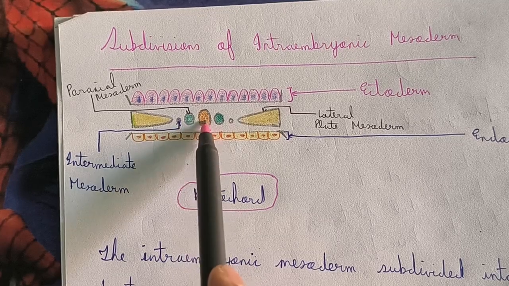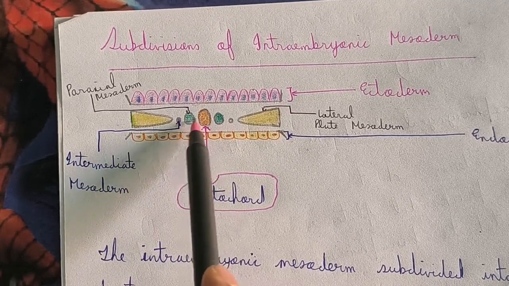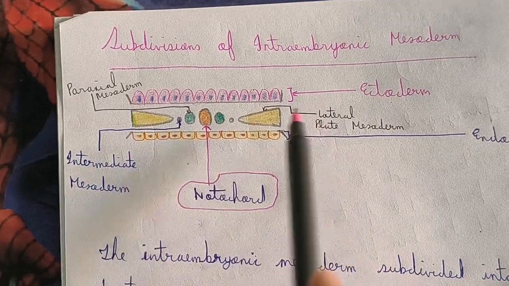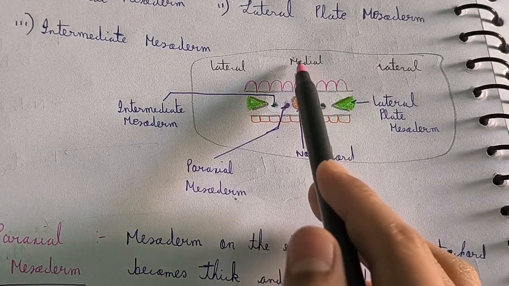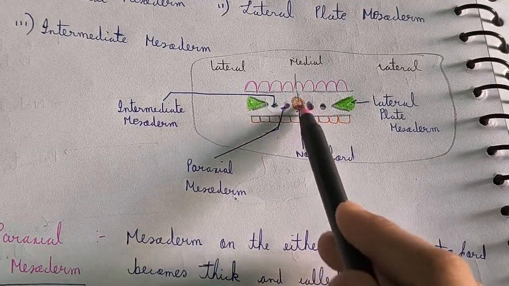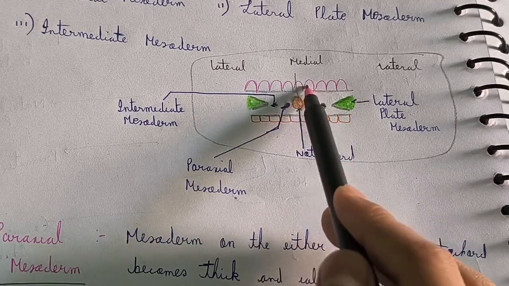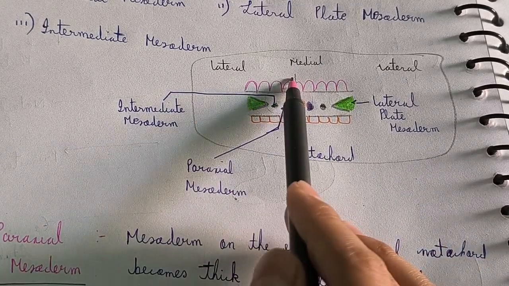You can notice that on either side of the notochord the paraxial mesoderm is present. Now simply see this diagram. This is the center, the midline structure; this is the medial, and for this side this is the lateral; and for the other side this is the medial and this is the lateral.